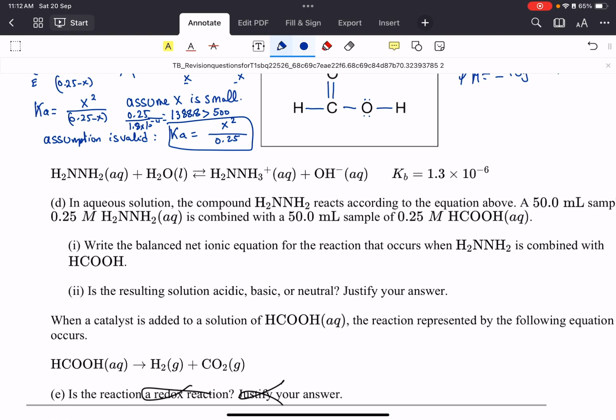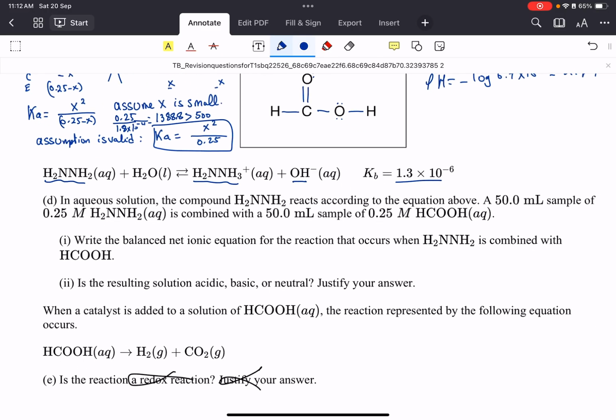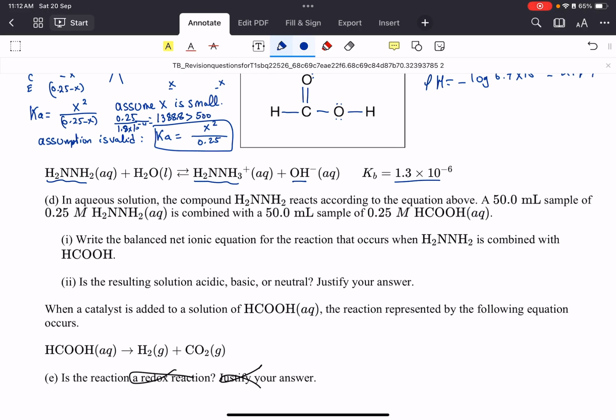Now, moving on. Here I have a base that is ionizing, and here's the Kb. In aqueous solution, the compound H2NNH2 reacts according to the equation above. 50 milliliters of this base is combined with 50 milliliters of another weak acid.